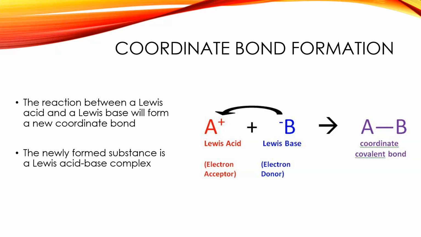The reaction of a Lewis acid will form a coordinate dative bond, okay, and this forms what we know as Lewis acid-base complexes. These are the types of complexes that we've just come across in our study of higher level bonding. Okay, so you'll remember that we had transition metal complexes where we had a transition metal in the center, such as copper 2+, and then the ligands binding around that metal ion form a dative coordinate bond to that metal ion.